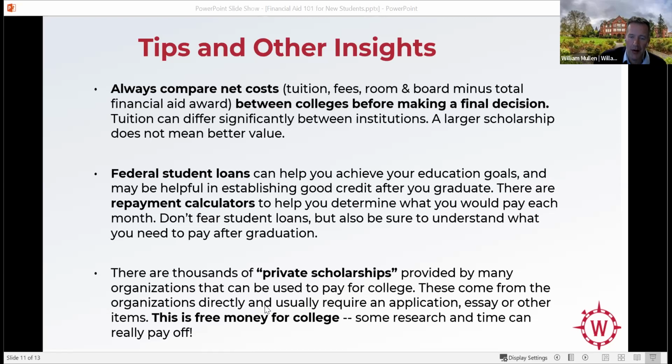And you might be able to do some research and spend some time doing this and be able to qualify for it. I'm going to, again, at the end of the presentation, include a slide that has like a clearinghouse for some of these things too. So always check out private scholarships. I think that can be very helpful. The local ones or some sort of affiliate ones are usually the best place to start.